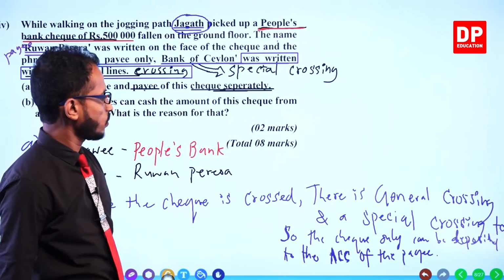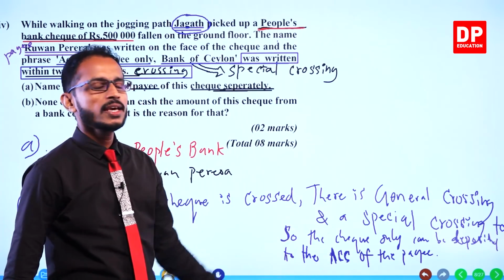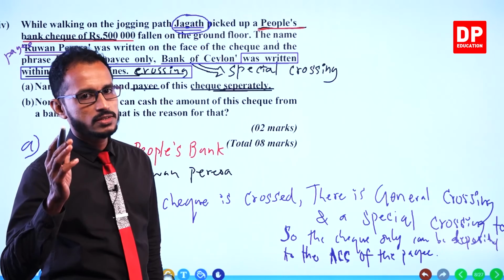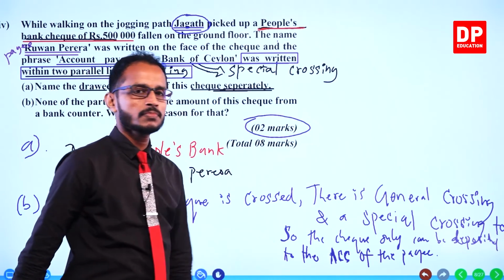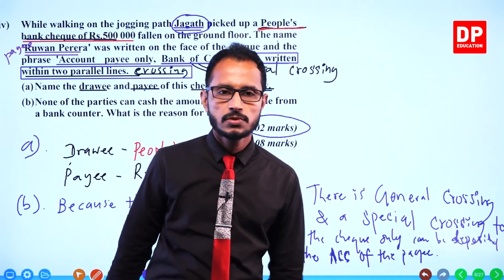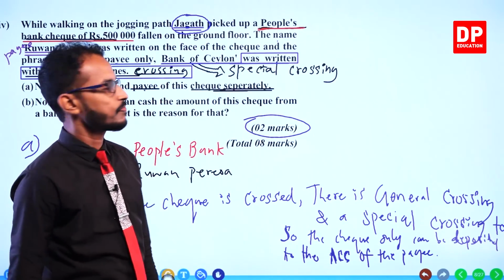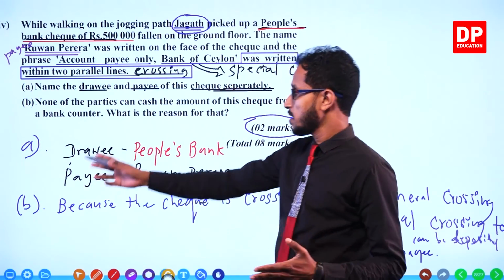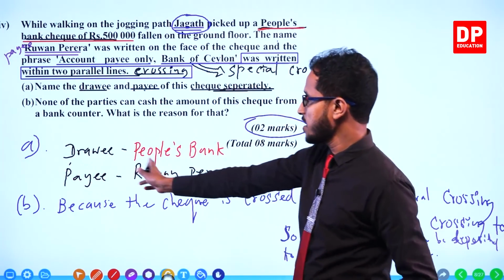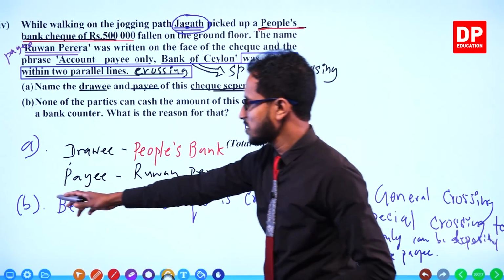Additional information. Don't go and write the whole story in your answer sheet when you go to answer, because you get only 2 marks. Finish it in maximum 3 minutes. So likewise, you answered A with simple answers.